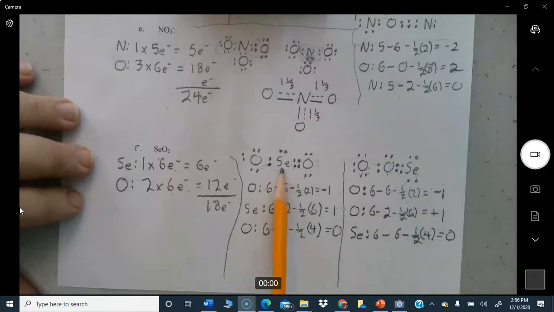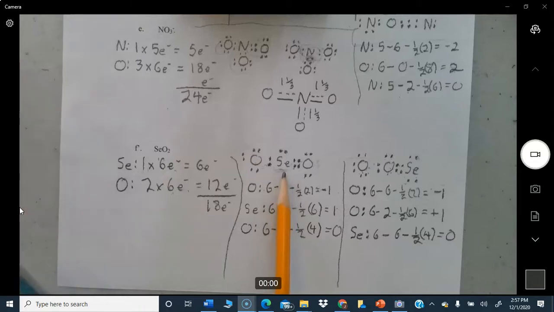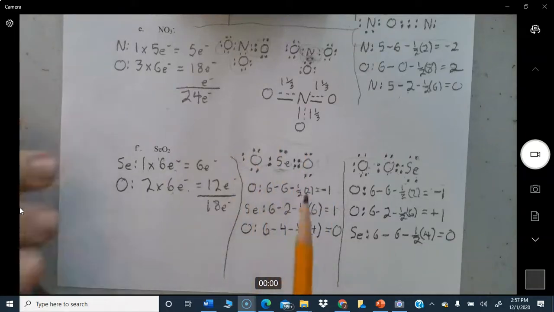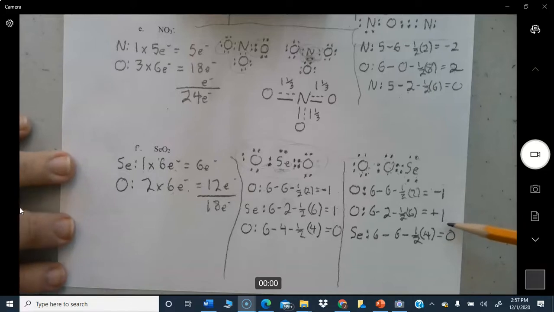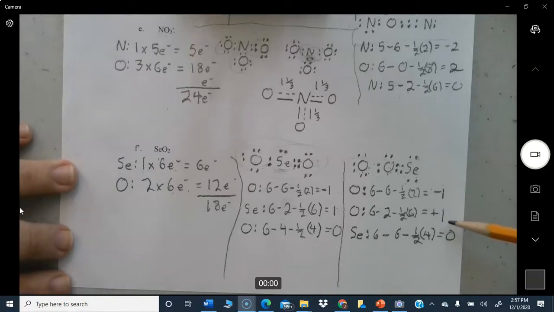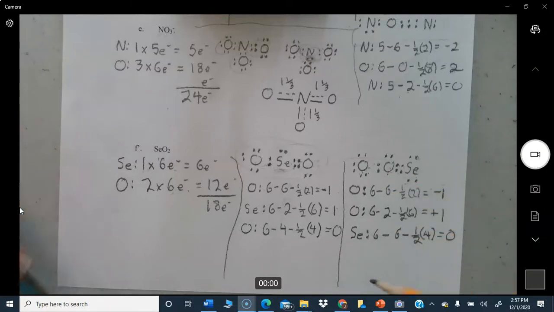Well, selenium, if you look at the periodic table of electronegativity, is actually the least electronegative, and therefore it should go in the middle. So this would be the more stable. There's another rule that I didn't mention in the instruction video, so let's mention it now: if there's a tie, then the most electronegative element should have the lowest possible charge.